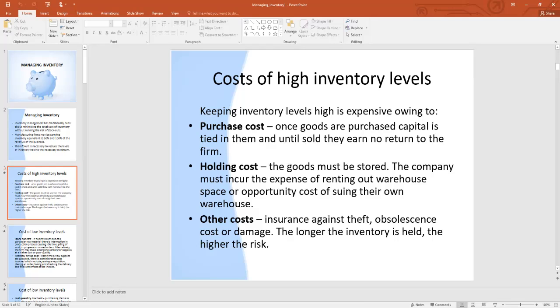Therefore, the number of orders you make per year is lower compared to a case where you reorder more frequently, so the total ordering cost will be lower if you keep high inventory levels. And the holding costs include insurance against theft, like I've already mentioned, and obsolescence: the chance that the inventory might become obsolete before it reaches the market, before the market buys it off.